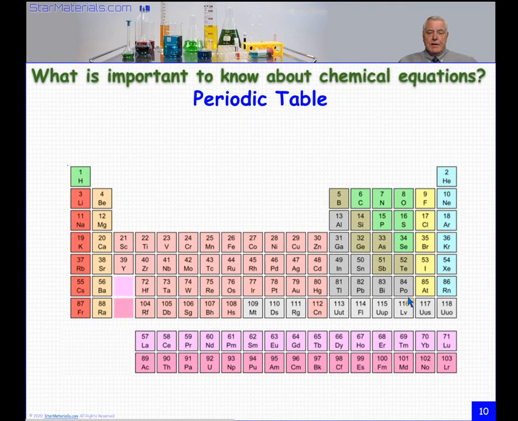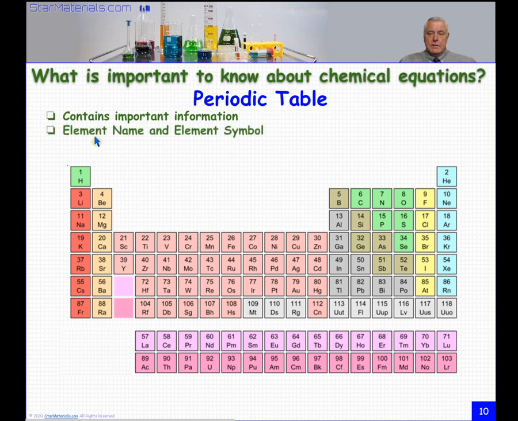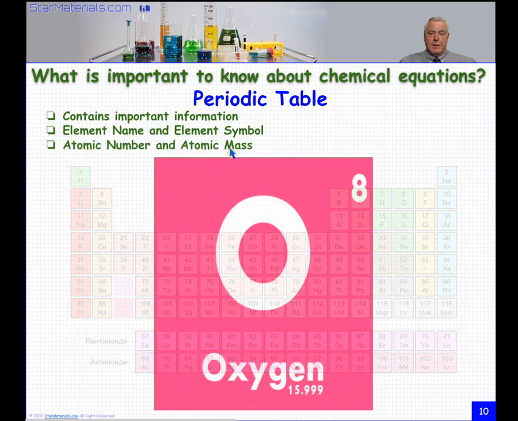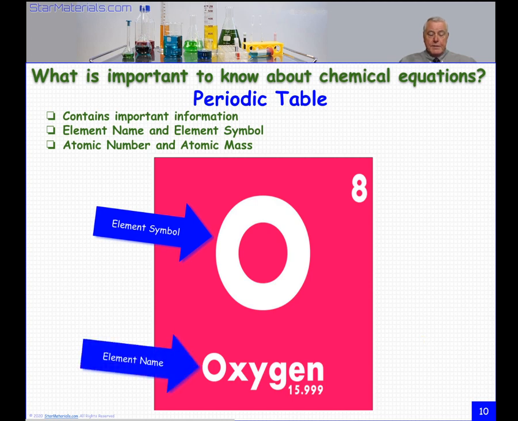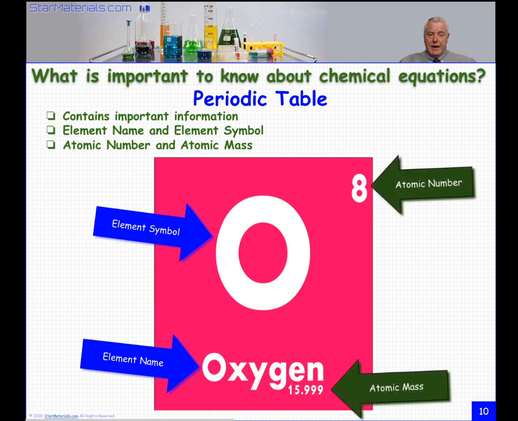Here's a periodic table. It contains important information about each of the elements. It gives you the element name, the element symbol, the atomic number, and the atomic mass. Here's oxygen. It's the element symbol, the element name, the atomic number, and the atomic mass.